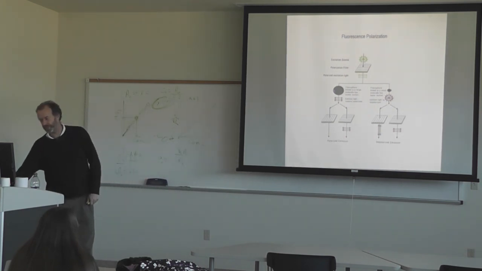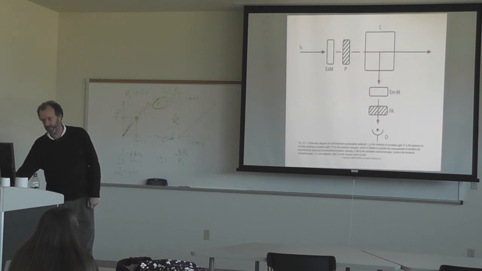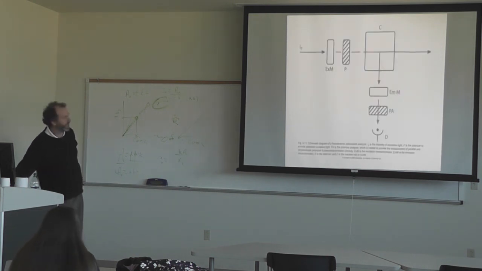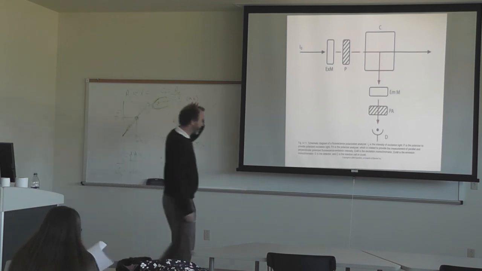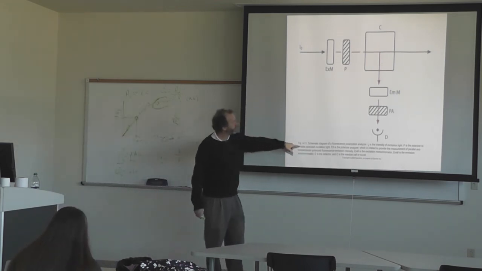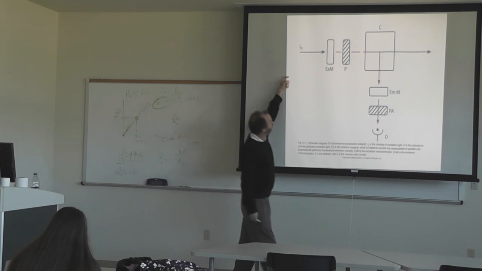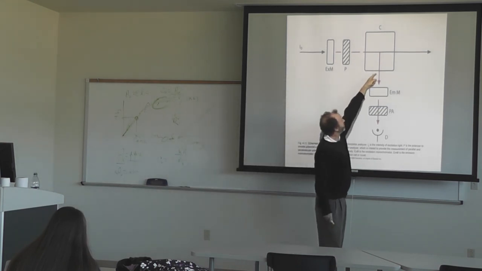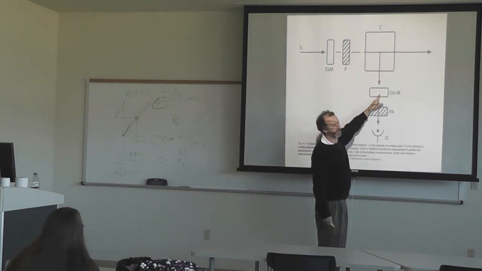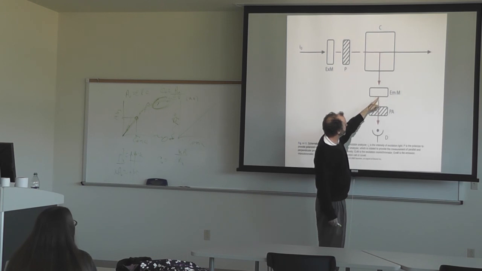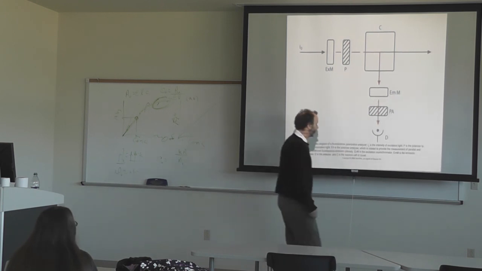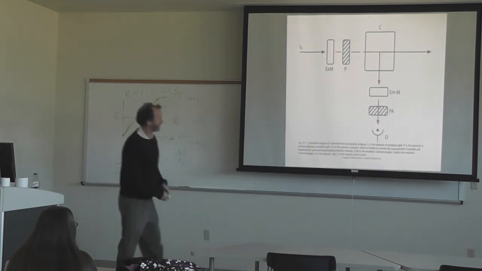So we'll get into that in one of the later chapters. This is typically a schematic diagram of a fluorescence polarization analyzer. You have the excitation going through a polarizer, and then you measure the fluorescence light emitted at 90-degree angles. That goes through another polarization filter and then through a detector.